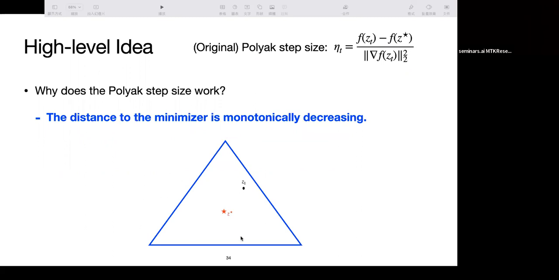If we consider a general convex set, which is represented by a blue triangle here, the initial point and the minimizer are represented by z1 and z star respectively. When we run gradient descent with the Polyak step size, the iterates will get closer and closer to the minimizer by the property that the distance to the minimizer is decreasing.